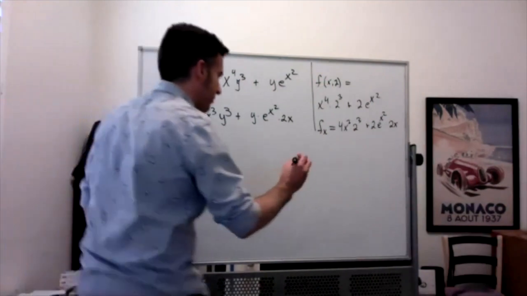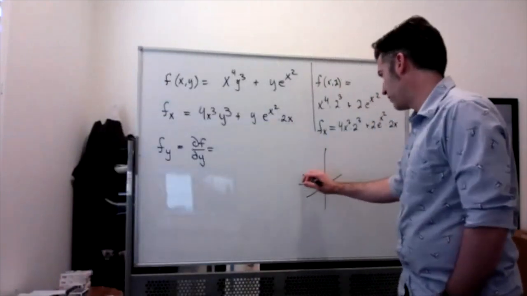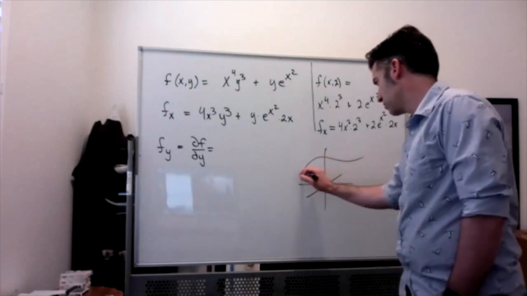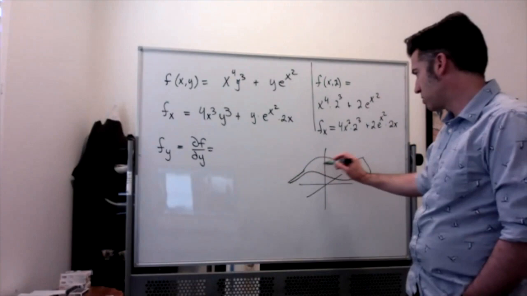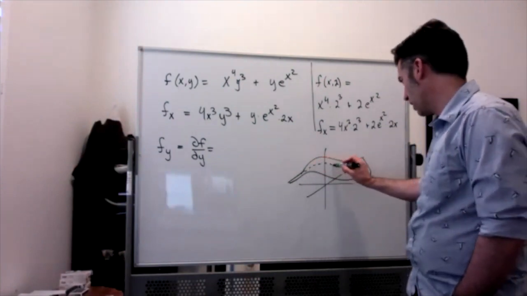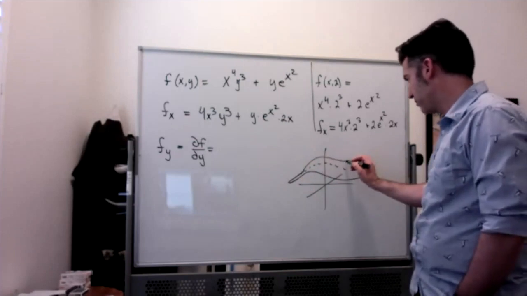This is where my drawing skills are going to be kind of weak. If you have some surface, let's pretend James can draw, we've got some contour line like this. If we're moving in the y direction, we're moving this way.